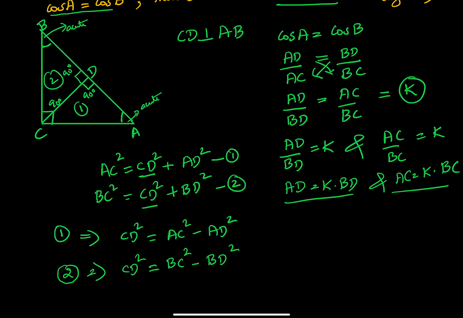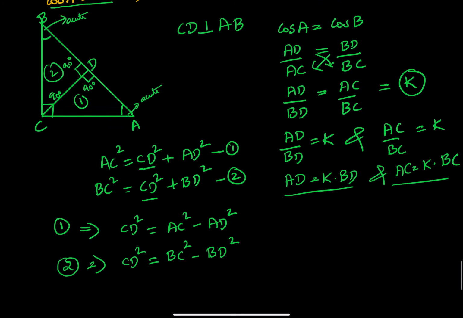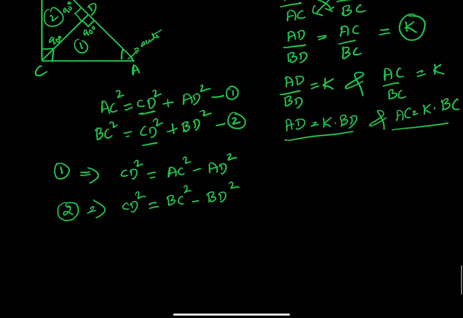So basically we know what CD is. Now from equation 1 and equation 2, we can further write it as AC square minus AD square is equal to BC square minus BD square, because both end up with CD square.